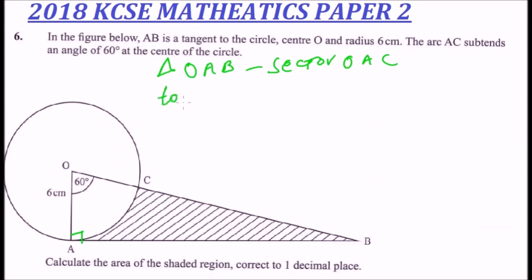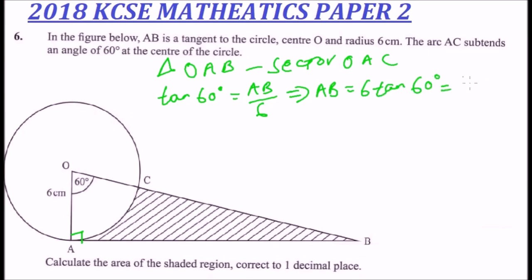So we say tan of 60 degrees is equal to the opposite, which is AB, divided by the adjacent, which is the radius, 6, implying that AB is equal to 6 tan 60 degrees. When you work that out using your calculator, you find that AB is 10.4 centimeters. So that is the length of AB.